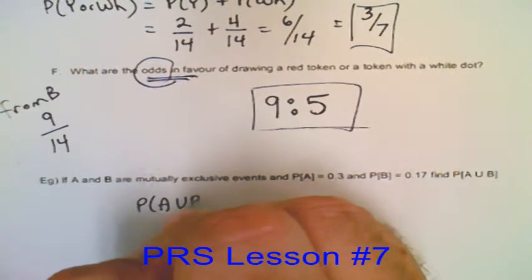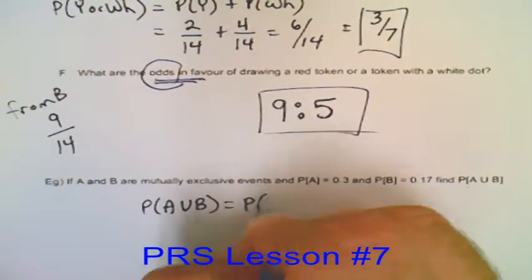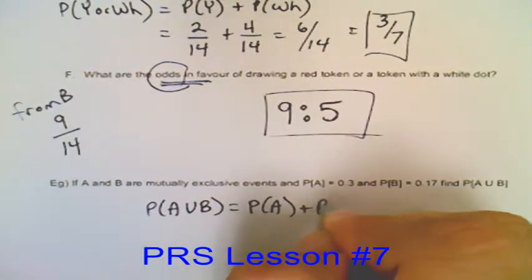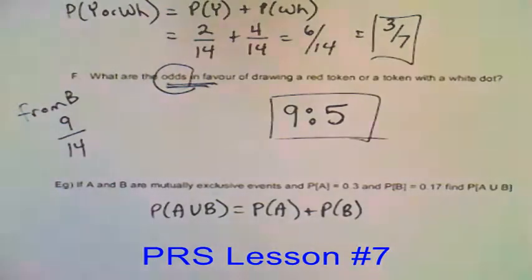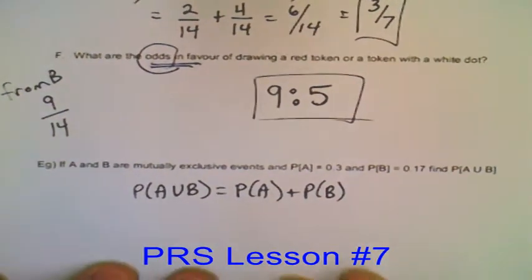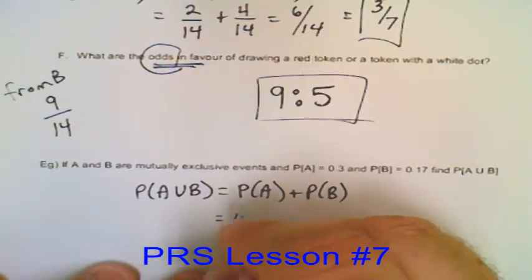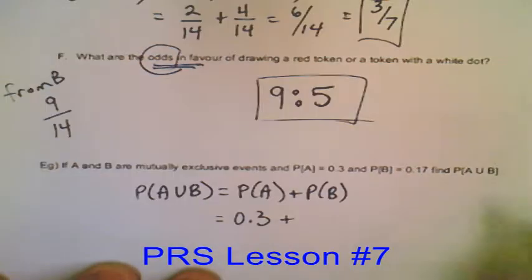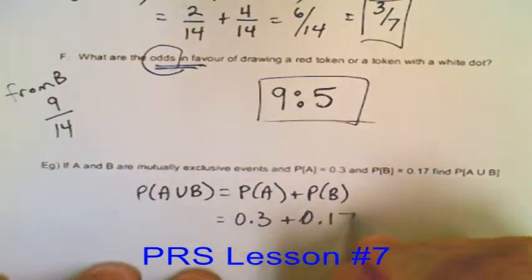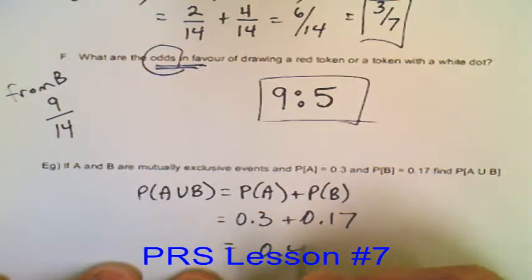If A and B are mutually exclusive, the probability of A is 0.3, the probability of B is 0.17. Find the probability of A union B, or A or B. They're mutually exclusive, so I don't need to consider overlap.